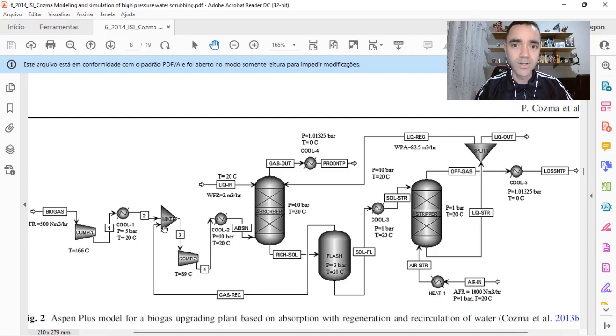But another way that I can think about it is that, besides mixing at 5 bar, I can decrease the pressure from 5 to 3 in order to be able to mix the streams. But this does not make sense because I will be losing 2 bar of pressure and losing energy.